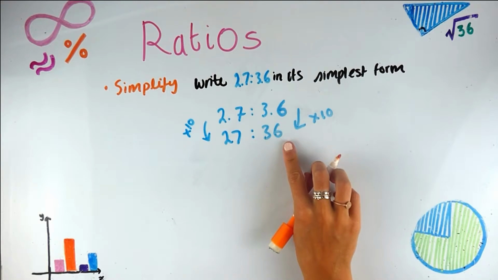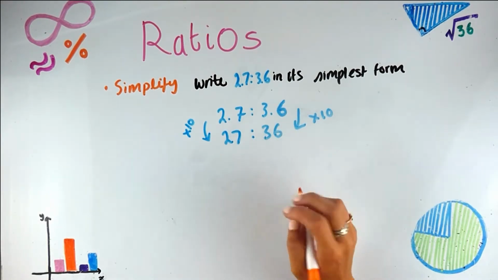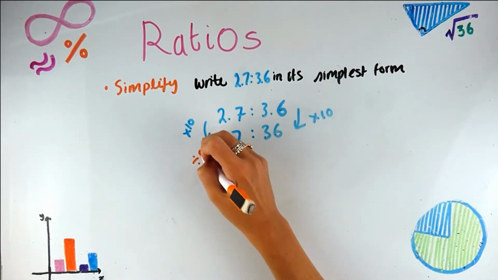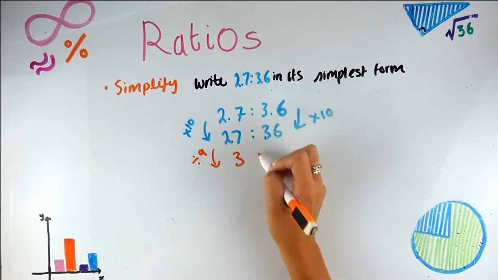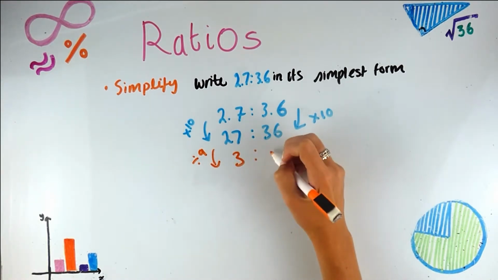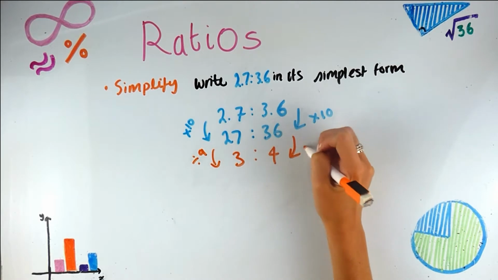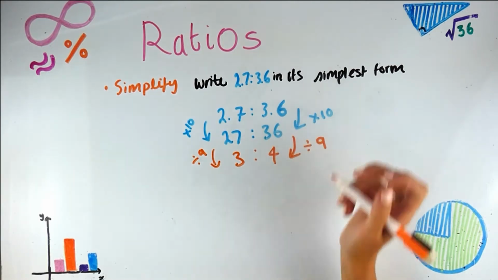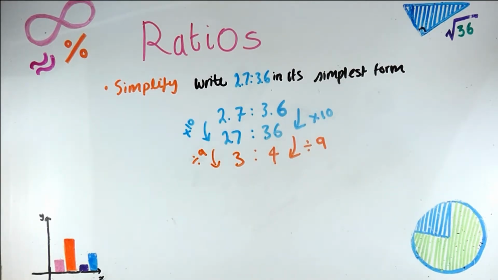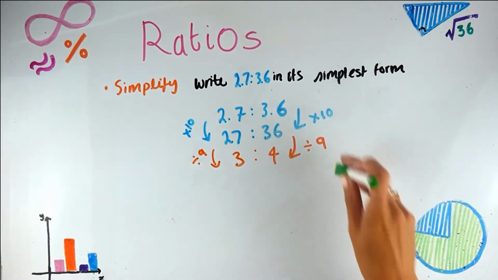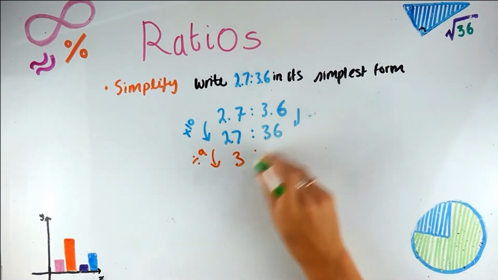Does 9 go into 36? Yes, it does. Okay, so I'm going to divide each side by 9. And there we go. So that will be how you do that one. We'll do another example of when there's a decimal point involved, but that's just like one little extra step. Not too bad once you've seen it once before.